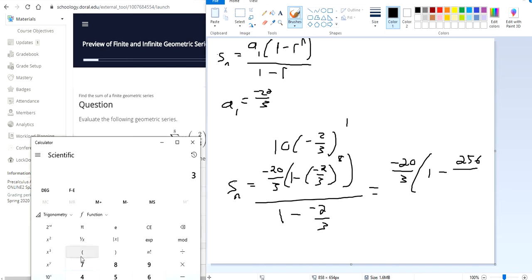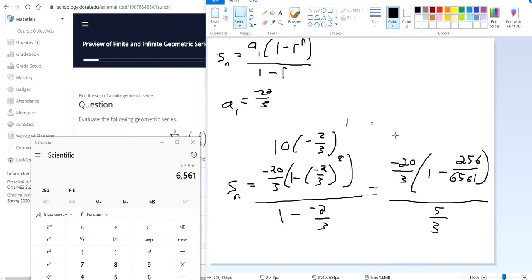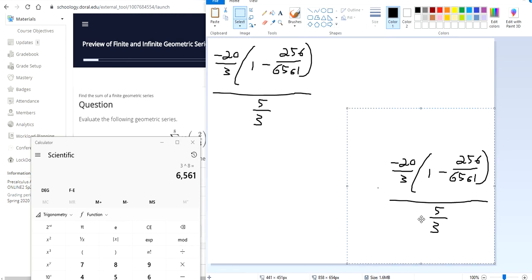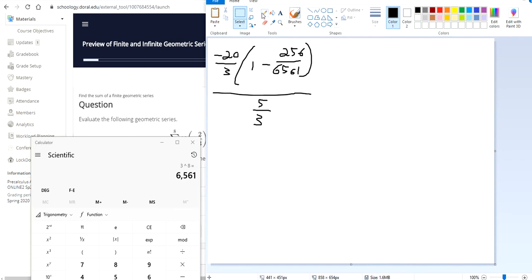And then 3 to the 8th, 6561. And that's all being divided by 1 plus 2/3. So we got 5/3 on bottom. Alright, sorry, this is getting really messy, but I can copy and paste this so we can look at it easier. Okay, that's where we're at for the summation. We plugged it in the formula, now we just need to simplify.